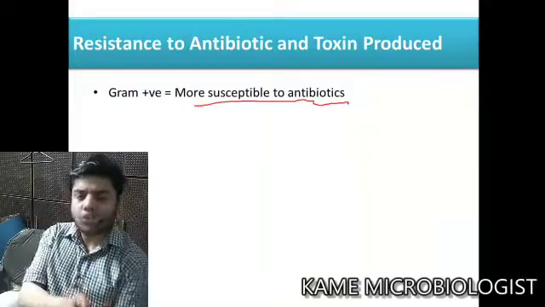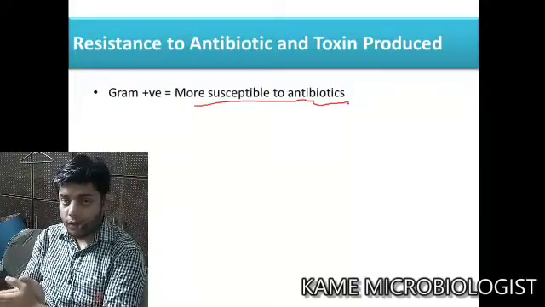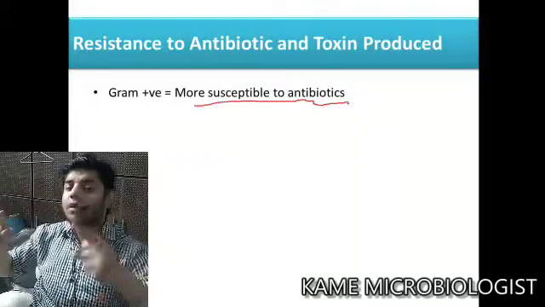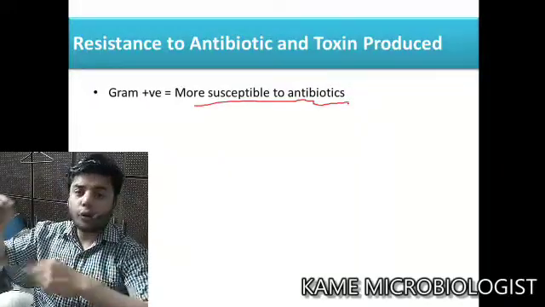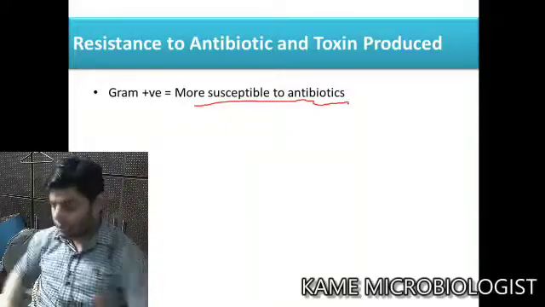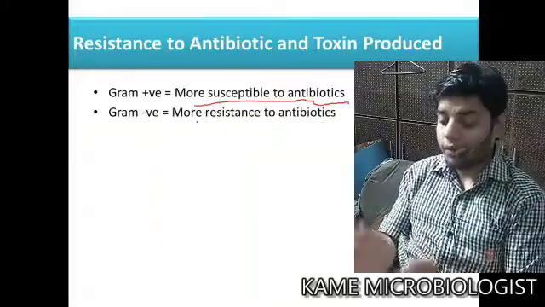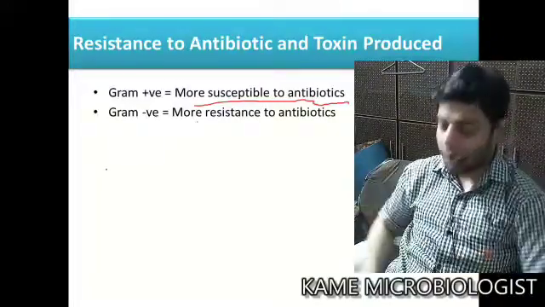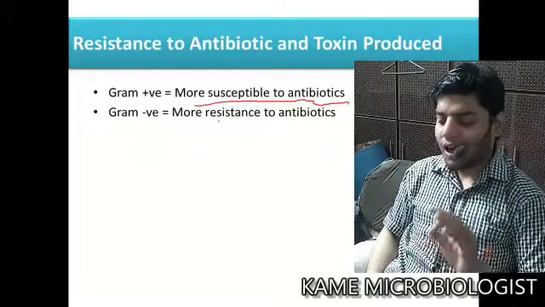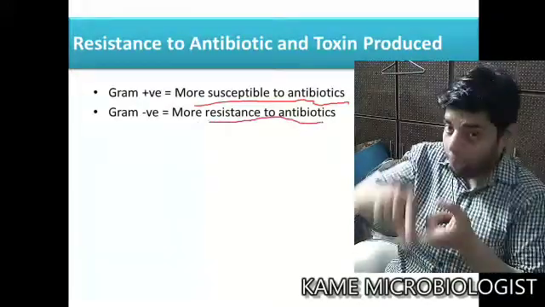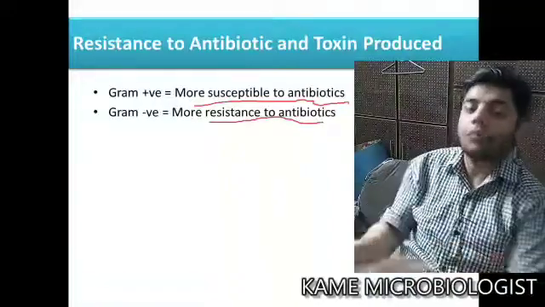That's why it is more susceptible to antibiotics, because porin removes the antibiotic and lipopolysaccharide allows only the contents needed for the cell, and as antibiotics are not needed, they remain outside. So gram-positive bacteria are sensitive or susceptible to antibiotics, but gram-negative bacteria are resistant. Why? Because in this case they have porin and lipopolysaccharide.